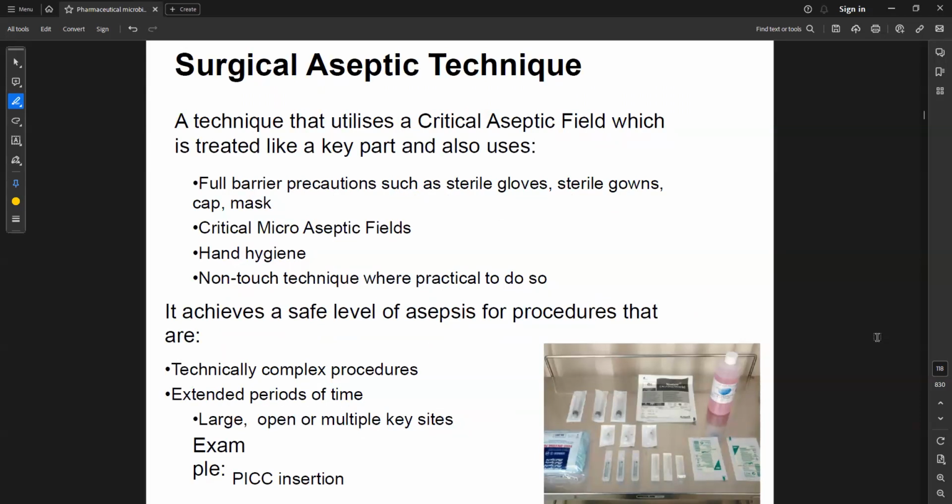It achieves a safe level of asepsis for procedures that are technically complex, extended over long periods of time, or have large open or multiple key sites, for example, a PICC insertion.